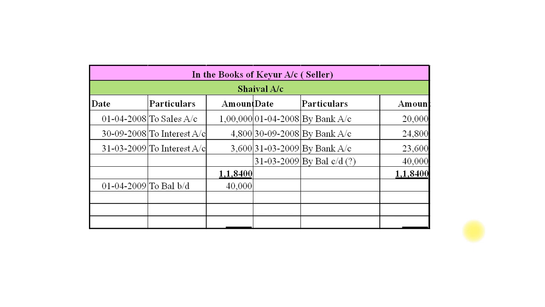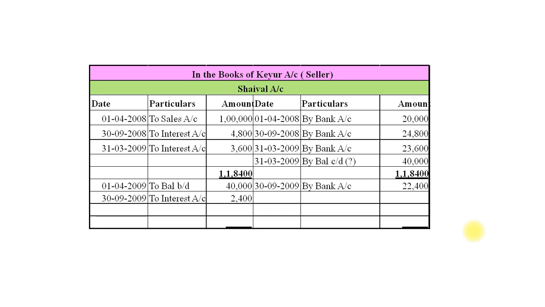Now in this year we will do the first entry of the third installment due, that is on 30/9/2009. Shaival to interest, that comes to 2,400, and on 30/9/2009 installment paid by bank, that comes to 22,400.